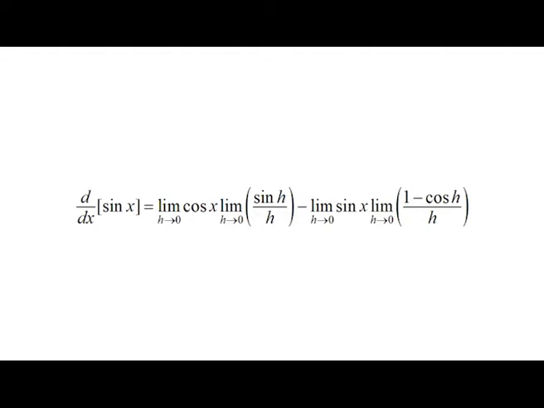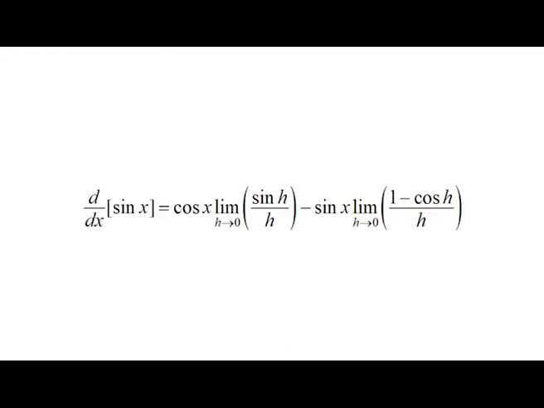As sin x and cos x do not involve h, the limit h tends to 0 of cos x equals cos x and limit h tends to 0 of sin x equals sin x, and hence the above gives d by dx of sin x equal to cos x into limit h tends to 0 of sin h by h minus sin x into limit h tends to 0 of 1 minus cos h by h.